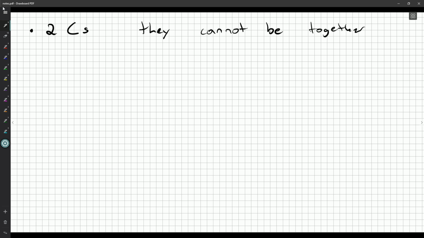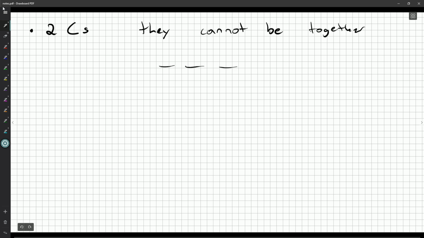So let's see. Suppose we've got 2 C's. We don't want them placed together. They cannot appear together. Is there a quick way to count that?